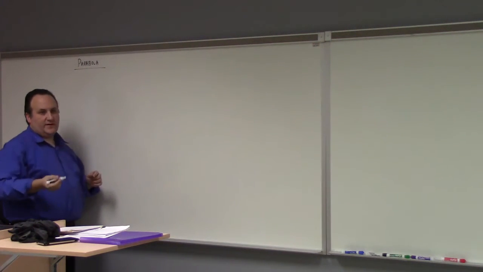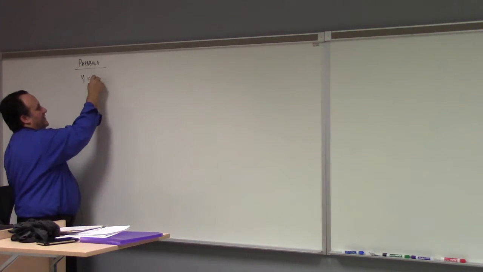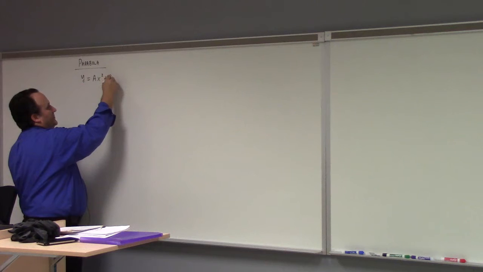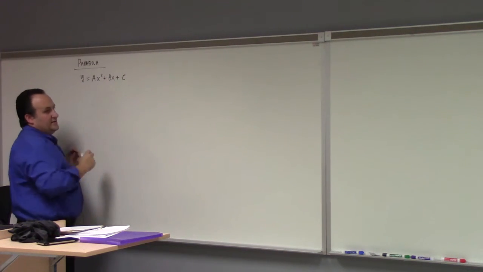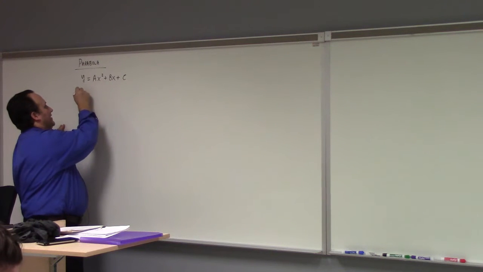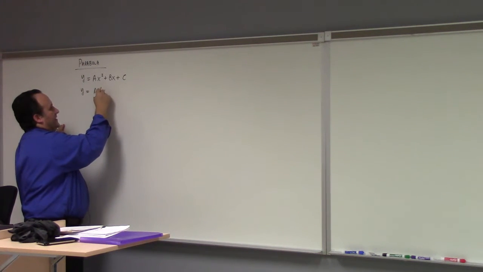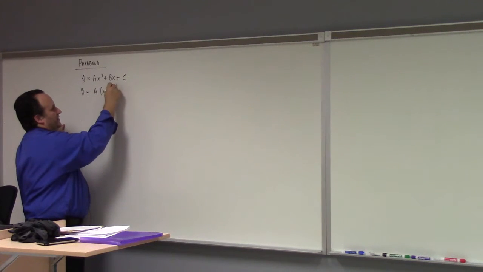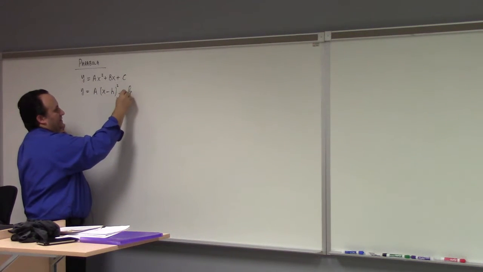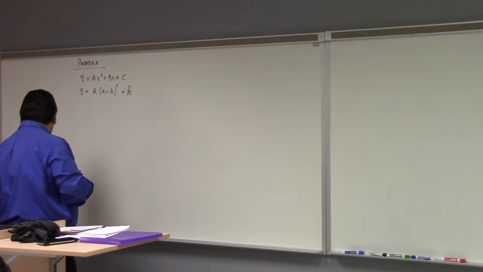Just to summarize, we have three major forms: y equals ax squared plus bx plus c, the so-called standard form. We also have y equals a times (x minus h) squared plus k, the so-called vertex form of the parabola.